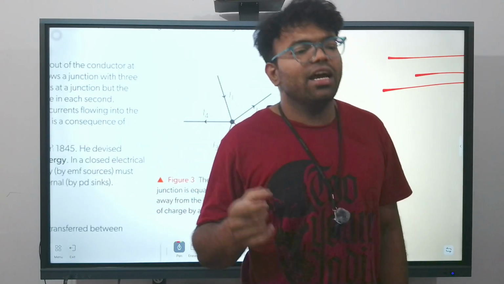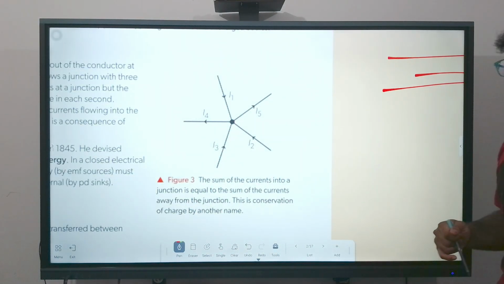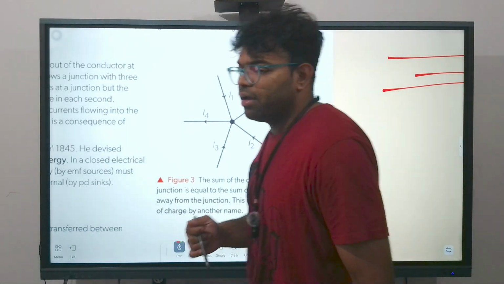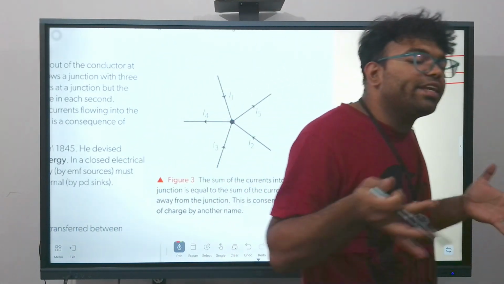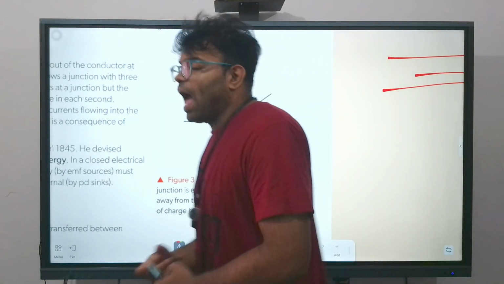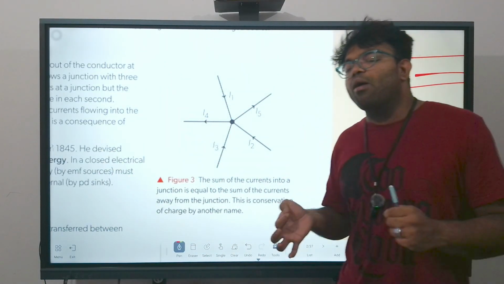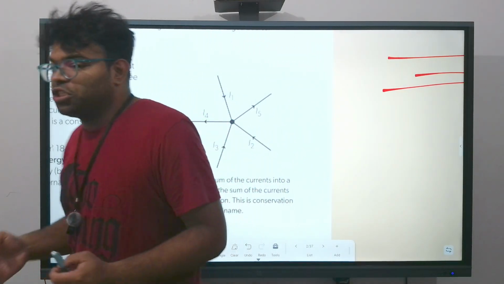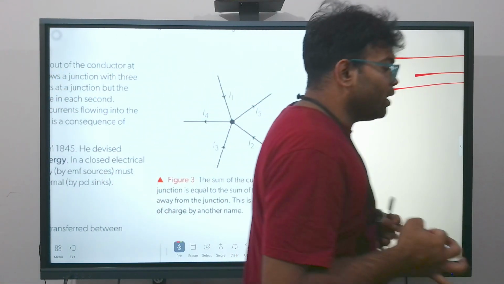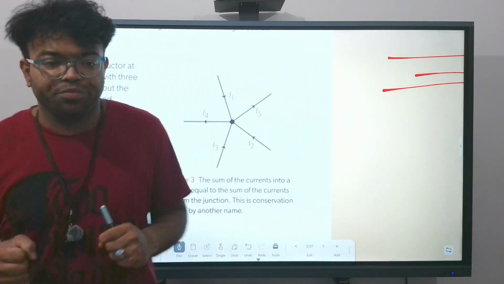So basically, a few electrons are entering the junction and a few electrons are leaving the junction. According to conservation of charge, the amount of electrons entering the junction should always be equal to the amount of electrons exiting or leaving the junction. Understood?